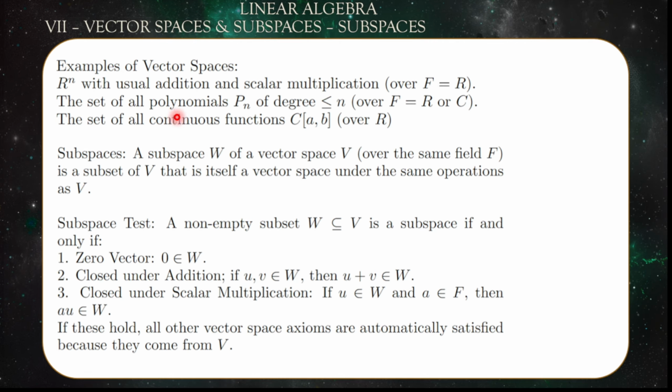Or the set of all polynomials P_n of degree less than or equal to n over F equal R or C. The set of all continuous functions C[a,b] over R, where a and b both belong to R.